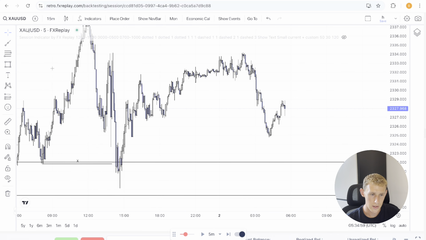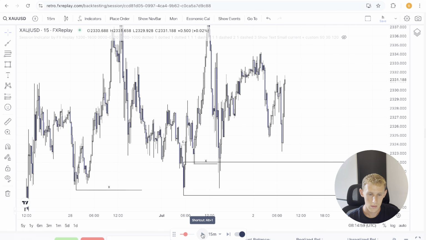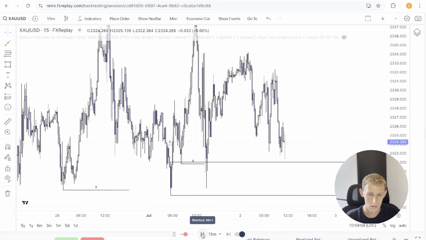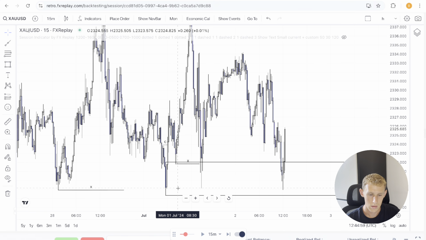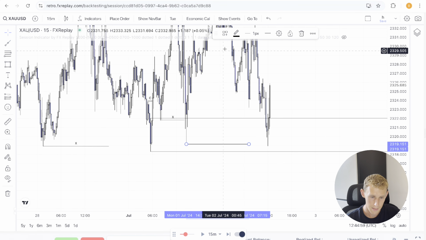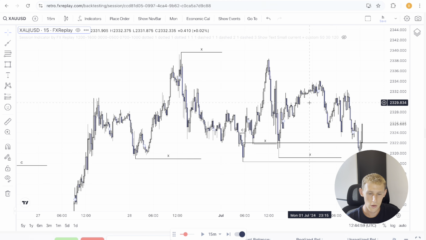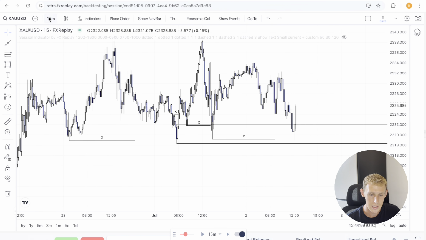Not really seeing anything too clean here. Right, so it did re-grab the low into the demand. Notice how this extreme is still holding. This whole sort of bullish scenario is still valid as long as this area holds.